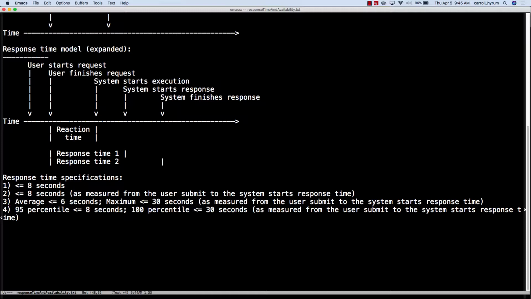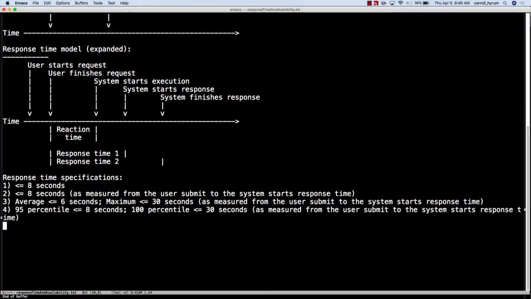Okay, well that defines more accurately what we mean, or what we are expecting. So this is almost all the time. 95th percentile means 95% of the cases complete in less than 8 seconds. This says 100% complete within 30 seconds. So we will not tolerate more than 30 seconds as designers, but we need to almost always take less than 8 seconds. That is what this specification says.